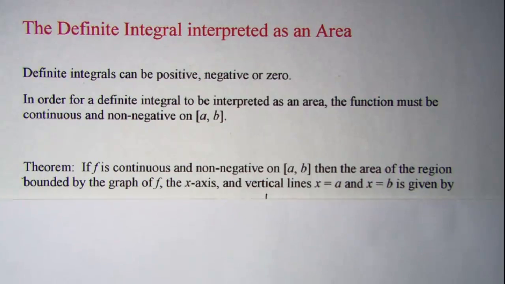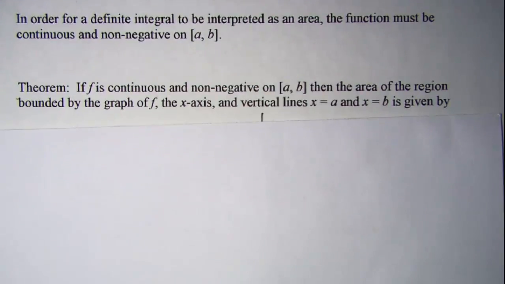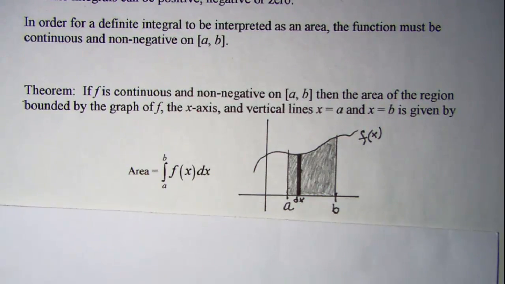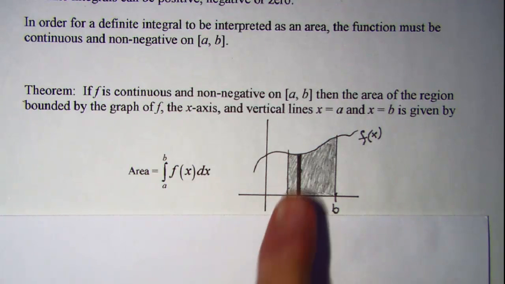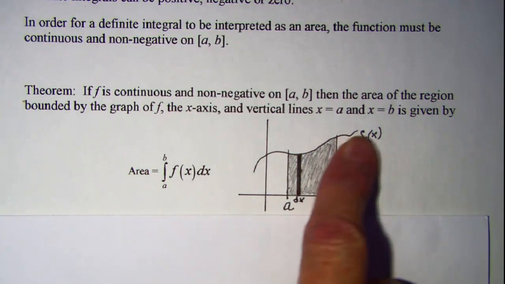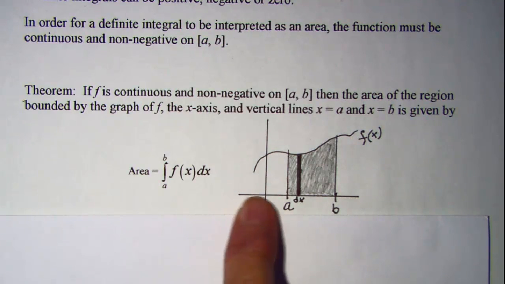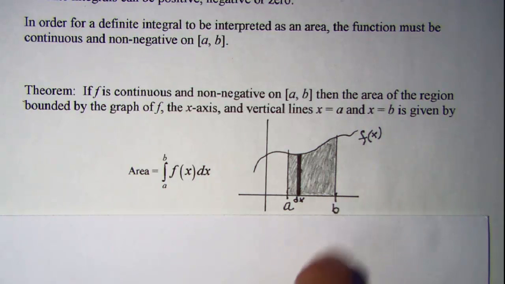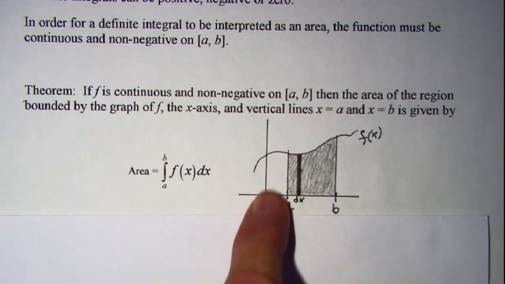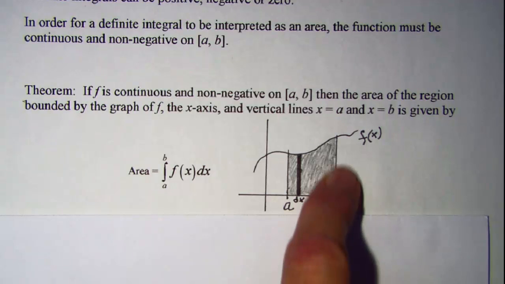The theorem is: if f is continuous and non-negative on the interval from a to b, then the area of the region bounded by the graph of f, so the graph of f is this squiggly line I've shown right here, the x-axis right here, and vertical lines x equal a and x equal b.